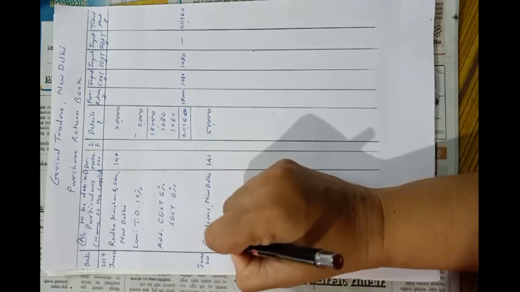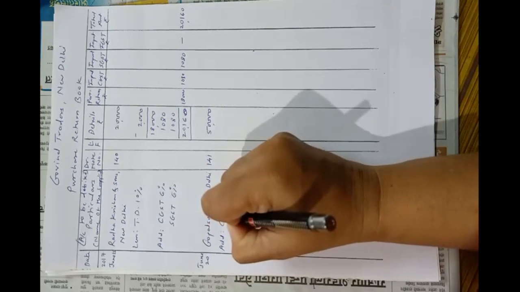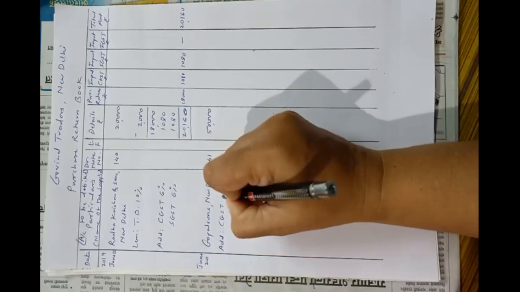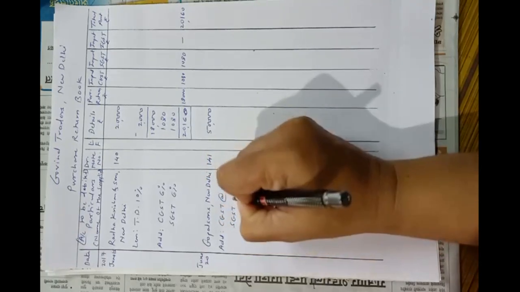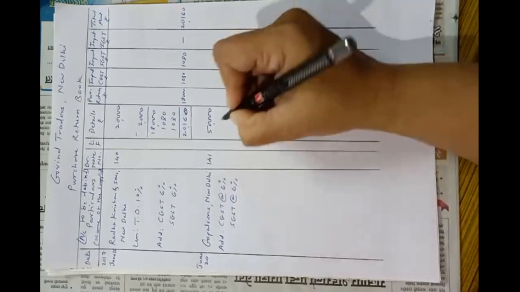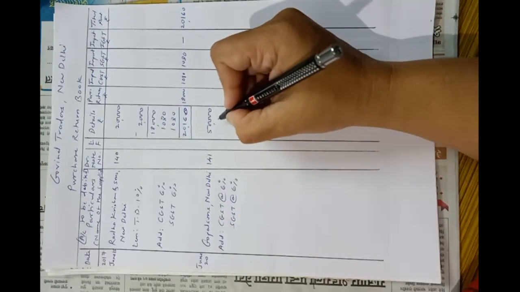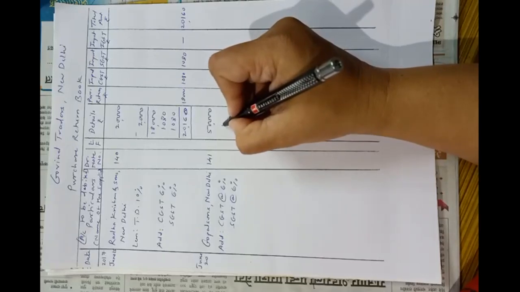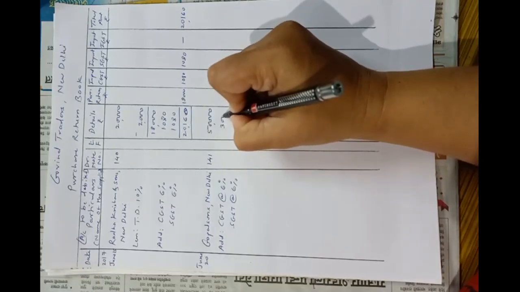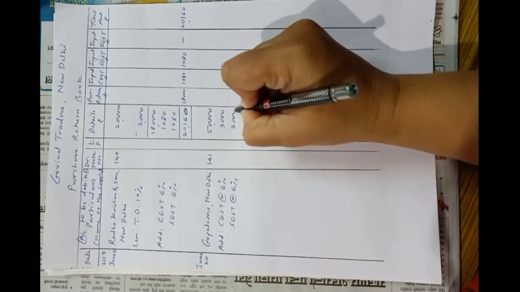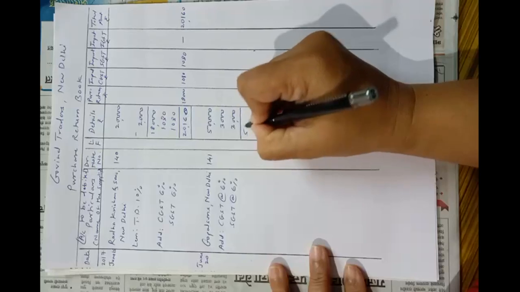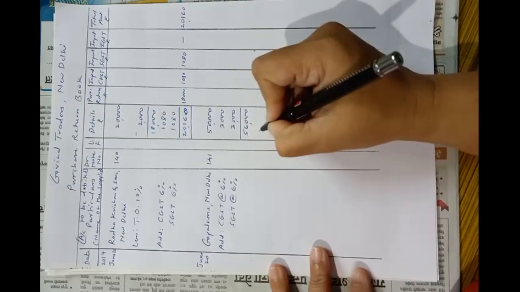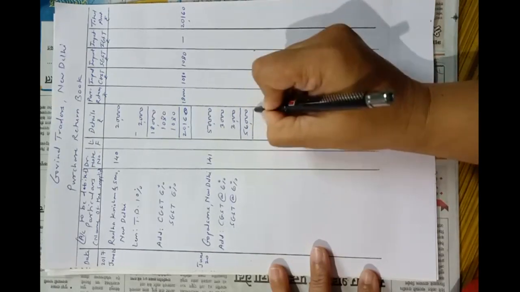So add 6% of 50,000 will be 3,000. Total amount is 56,000.